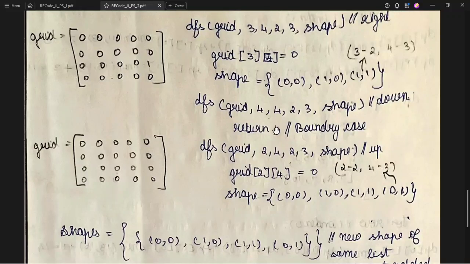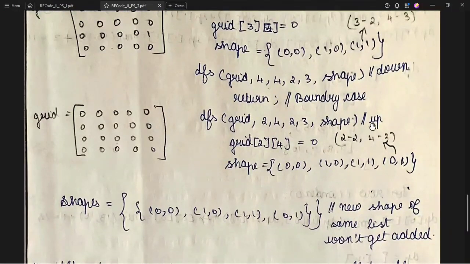For down, the input value is 4 comma 4, which is violating the boundary case, so we are returning the function. Next we will be calling the up function. In this up DFS call, the input value is 2 comma 4, which is not violating any of the rules, so we will be going into the DFS call, and the relative position value of the current cell is added to the shape array list.